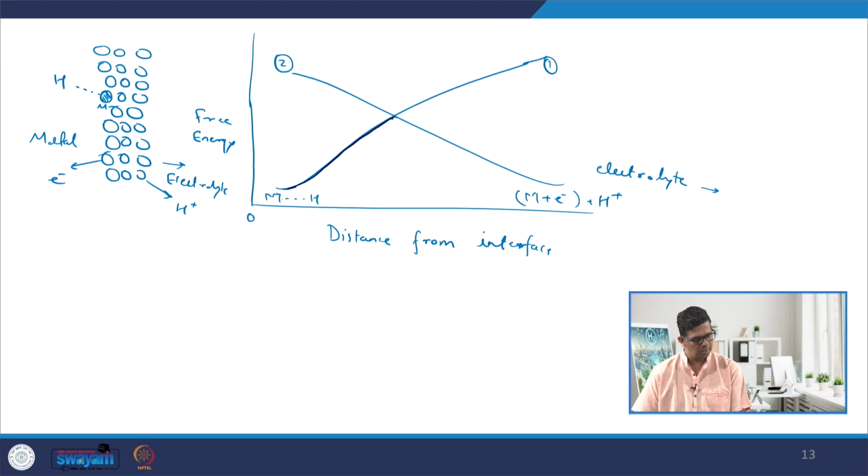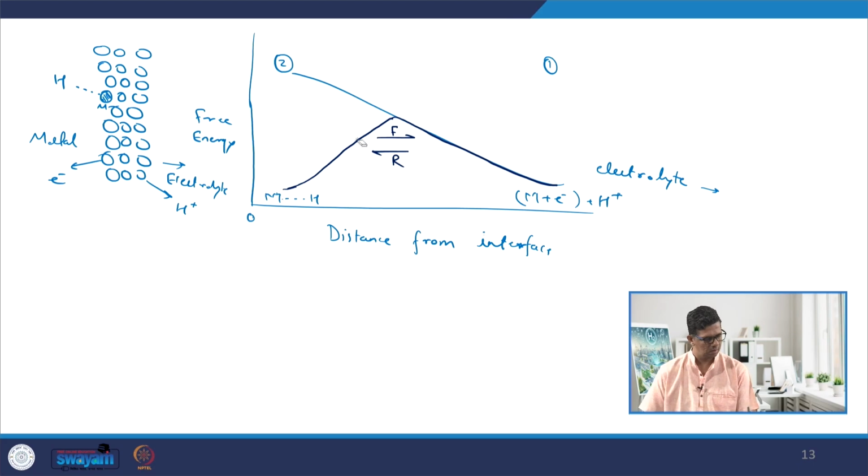So, I can show this path of converting reactants into products. I have got this least resistance path wherein M dot H can be converted into the product, that is M plus e plus H plus, and this becomes our forward reaction and this becomes our reverse reaction.